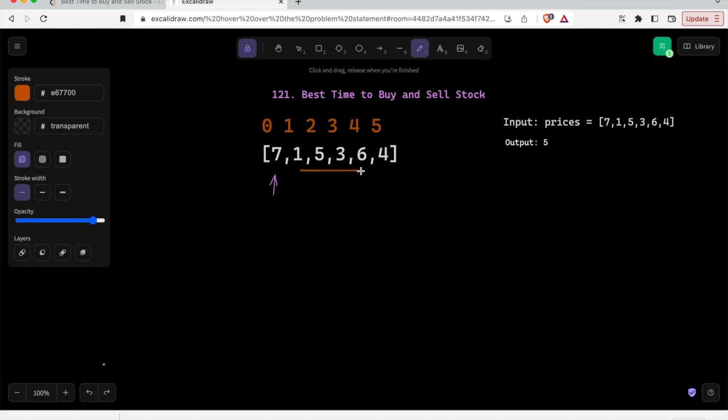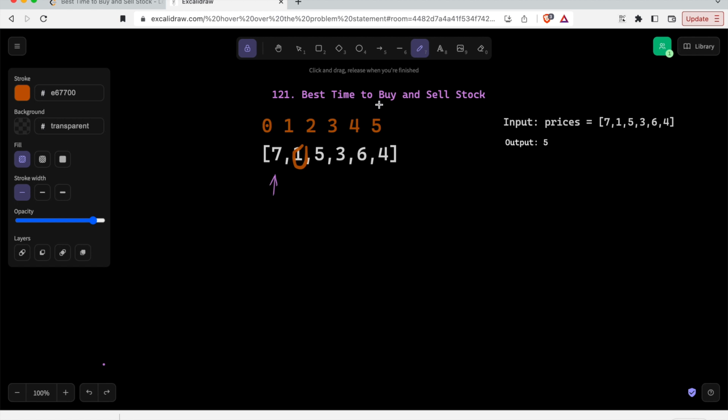There are no future days where you can achieve a profit. Similarly, if you buy the stock on the 1st day, you can sell it on the 2nd day and achieve a profit, or on the 6th or 4th day. Almost all the future days give a profit, but you don't have to calculate every profit; you have to return the maximum profit you can achieve.